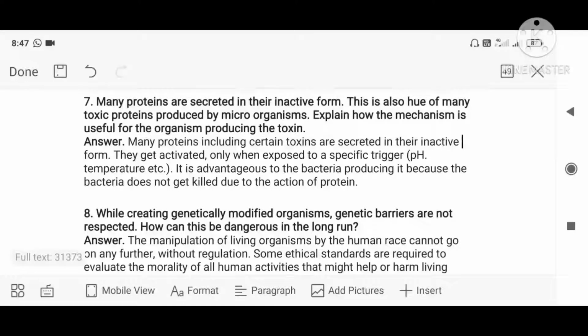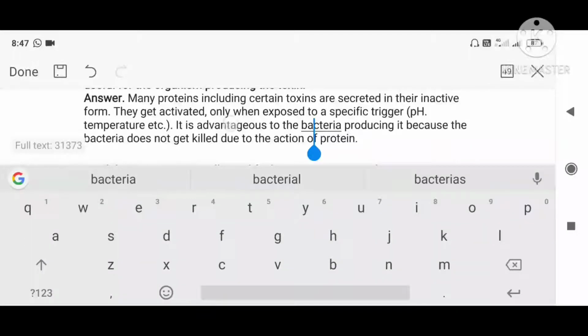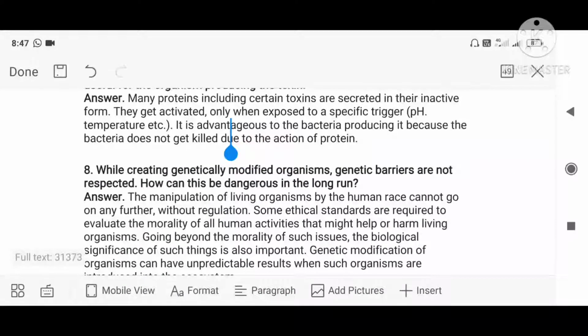But for the bacteria, it is advantageous, it is good for them, because they are not killed by it, they have the mechanisms to withstand the toxin. So, it is useful for the bacteria but harmful for the insects, and we can use the same principle for developing insect resistant varieties. Okay.